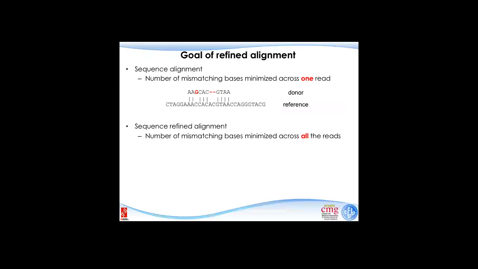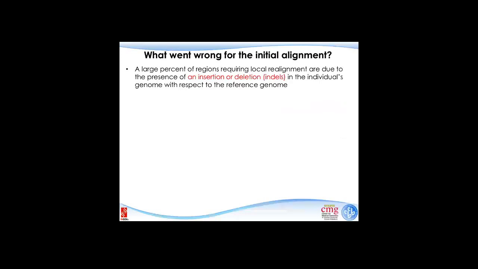We'll get into specifics of what that really means. Let's take a look at what went wrong with the initial alignment. A large percentage of regions requiring local alignment are due to the presence of an insertion or deletion in the individual's genome with respect to the reference genome.